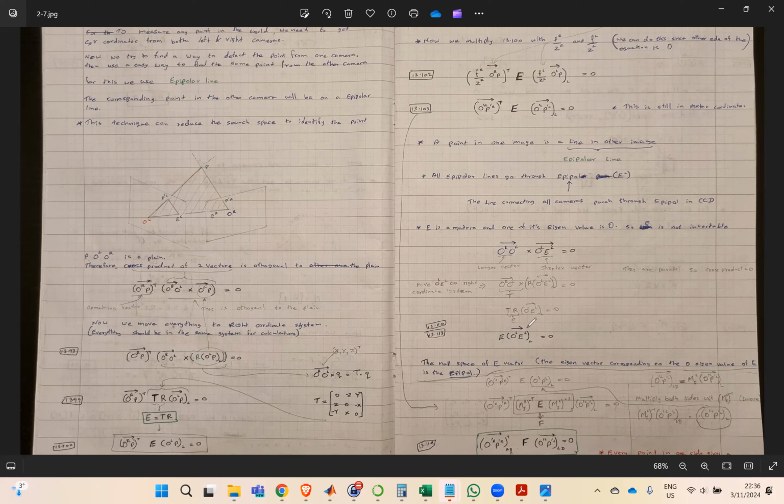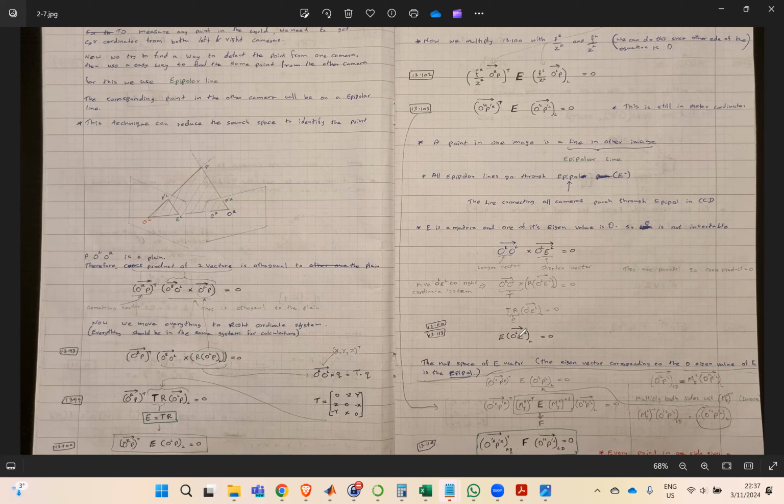And why am I saying OL? From OL we can find the epipole. O is the center. When you take a point in the real world, you get three coordinates: X, Y, and Z. X is the width of the item, Y is the height of the item, and Z is how far the item is from me, the distance from you to the object.